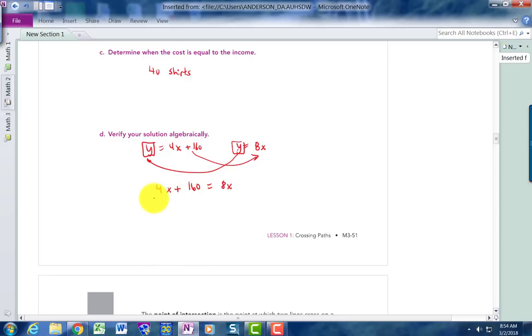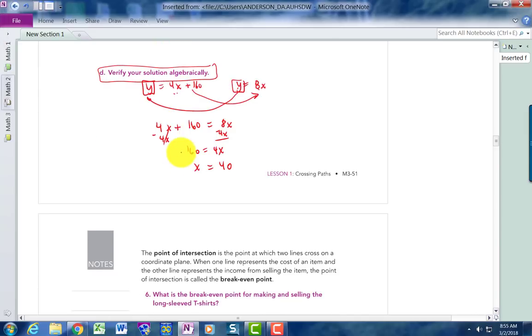You can set these together in an equation, subtract 4x from both sides, you get 160 is equal to 4x, and then divide by 4, you get x is equal to 40. So that's another way of verifying algebraically or finding the break-even point. Set your two equations equal to each other, where the cost is equal to the amount of income.